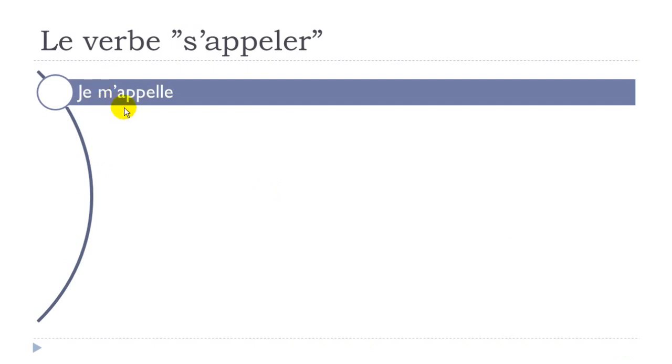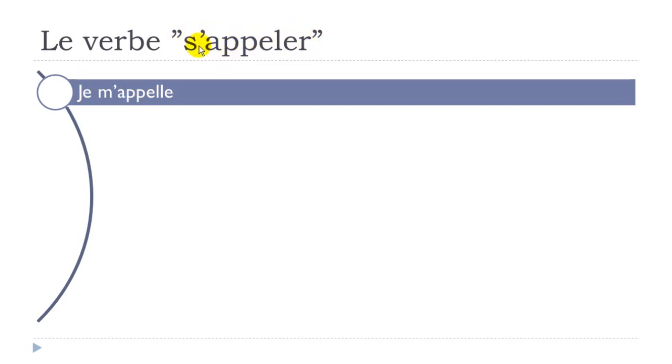Okay, so if you remember, when we conjugate a verb, first we put the pronom personnel, the personal pronoun. So je is like I. And basically the verb appeler means to call. So without this s, appeler is to call.